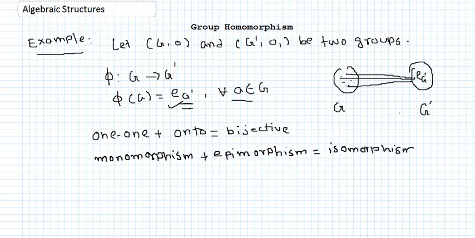So if at least one of them is not satisfied by a homomorphism, then it's not going to be an isomorphism. So the first task is to check: is this a monomorphism or not?